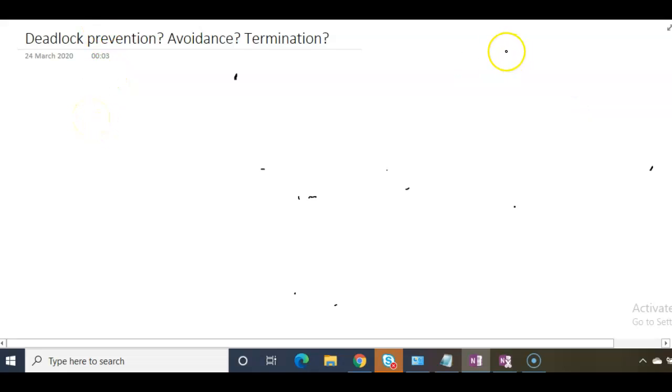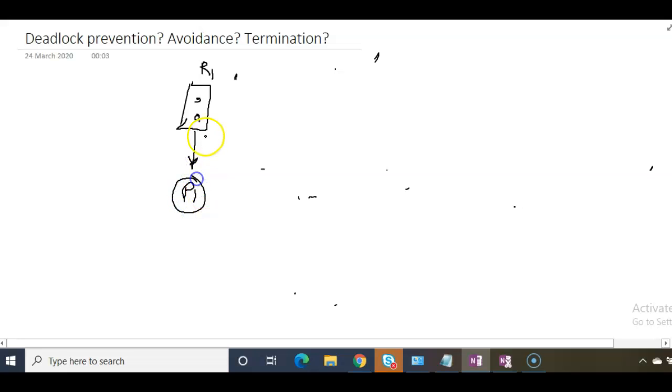But for the resource allocation graph, we have already seen it, but see this thing, this is a new concept. This is a resource R1 having two instances. So this is also R1 and this is also R1.